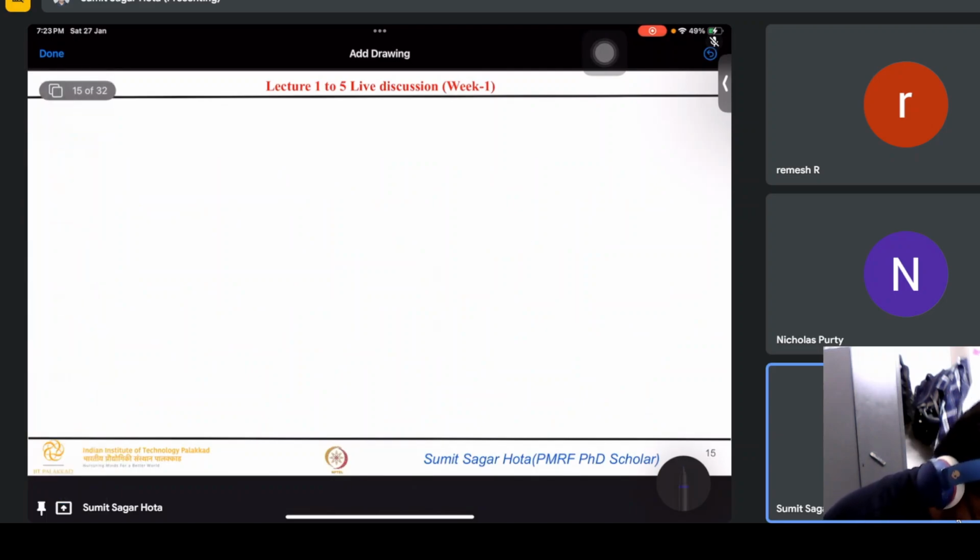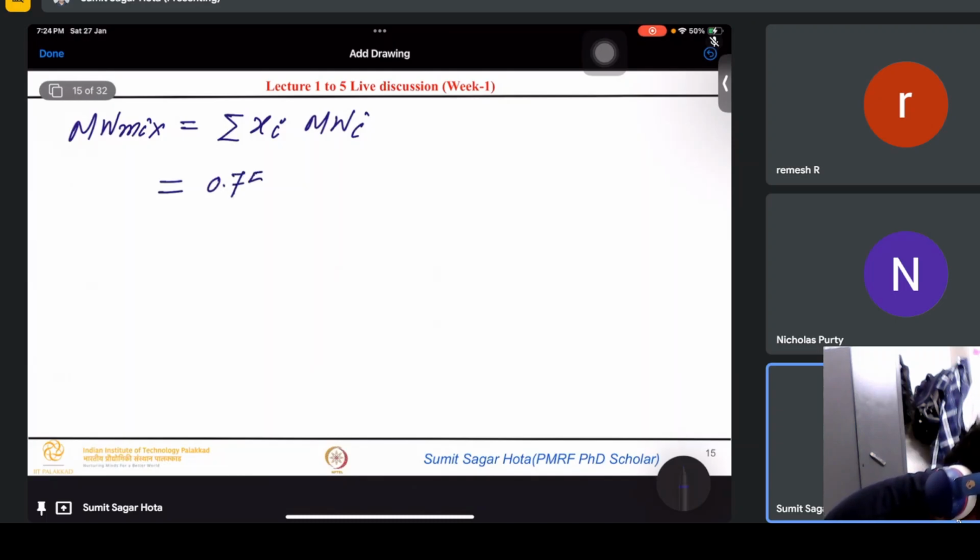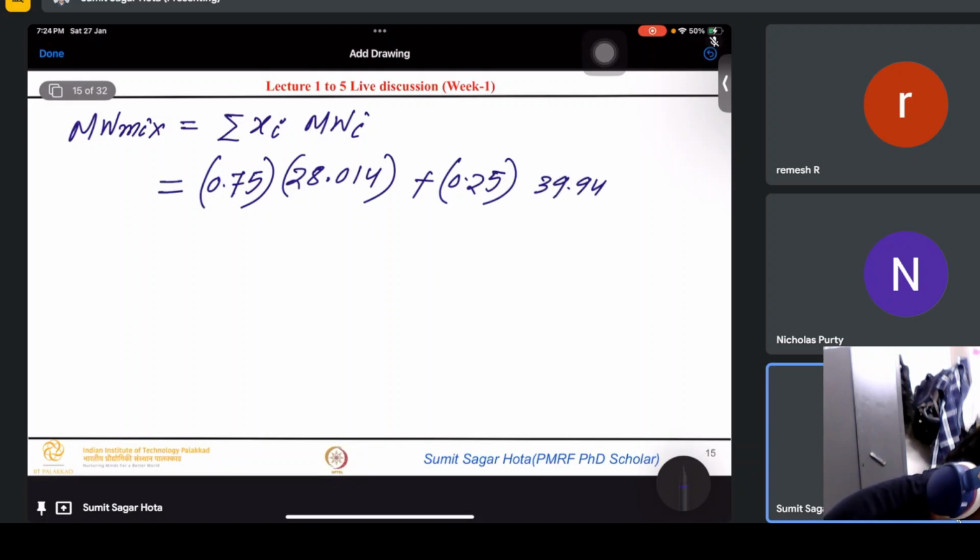What is the molecular weight of the mixture? It is the summation of x i into molecular weight i over the two species. I'm directly writing 0.75 into 28.014 plus 0.25 into 39.94 for argon, so the molecular weight is somewhat 30.998.